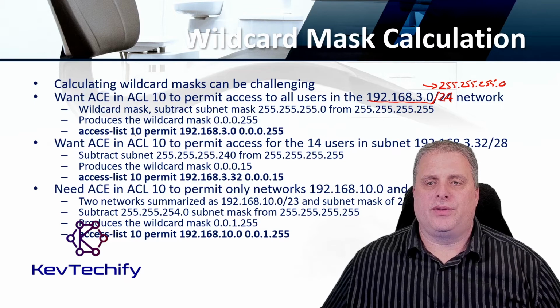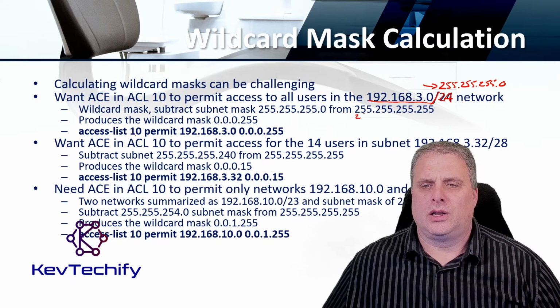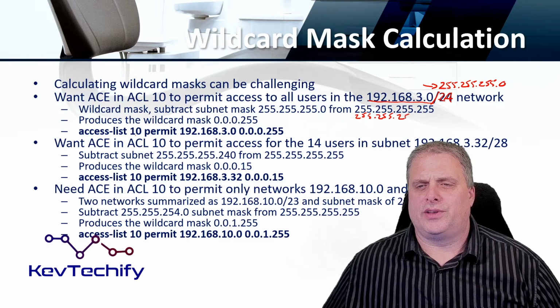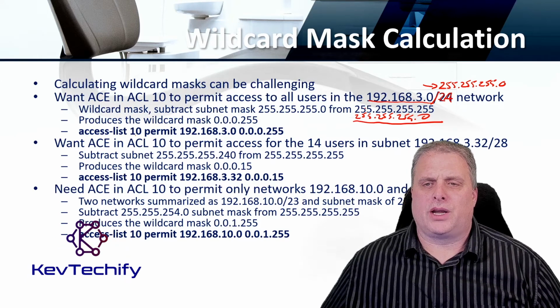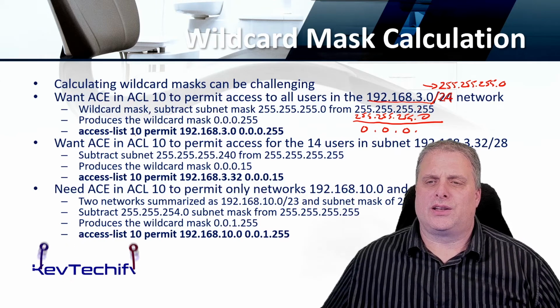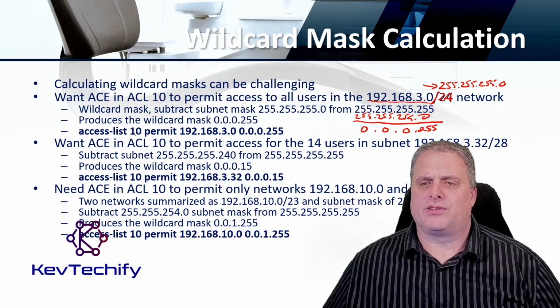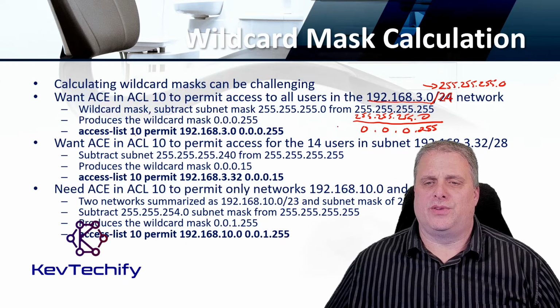So from here we have 255, 255, 255, and then we're going to subtract out 255.255.255.0 from that. Here, when we subtract 255 from 255, that gives us a 0. 255 from 255 gives us a 0. 255 from 255 gives us a third 0. And then in our fourth octet, 255 minus 0, that gives us 255. So our wildcard mask here is 0.0.0.255.